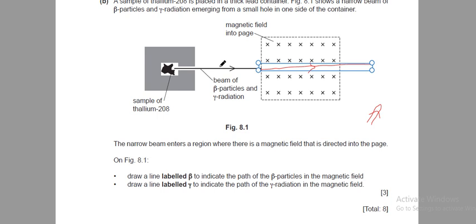So as beta particles, or electrons, are moving in this direction, the current will be moving in the opposite direction. So here is the second finger, which is current. Using your hand, you will find that the force will go down, so the path of beta will be down.